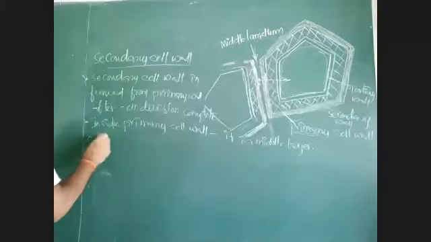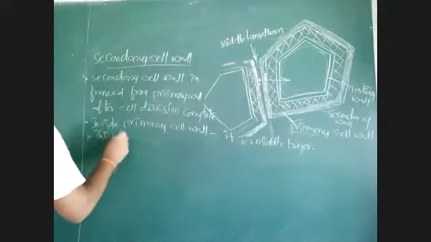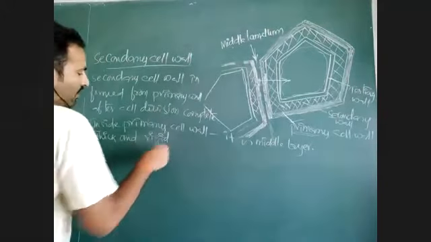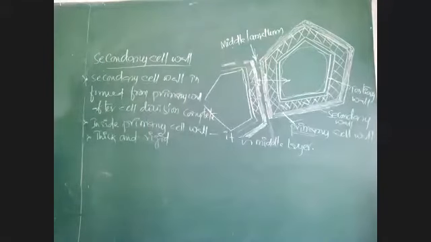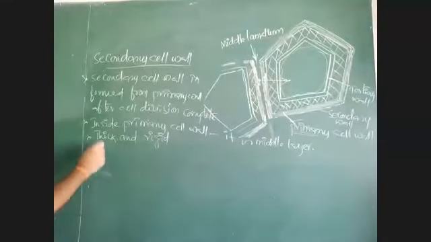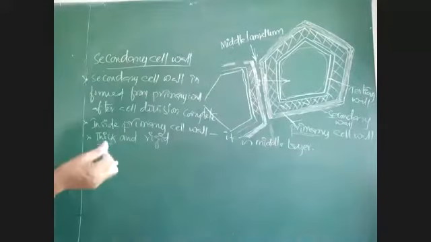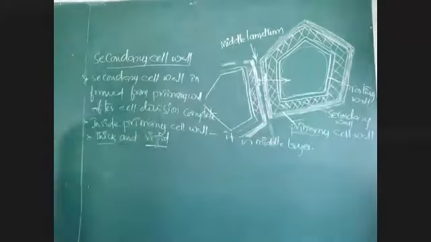But the primary cell wall is thin and amorphous. Thin means its width is less. Amorphous means smooth structure.